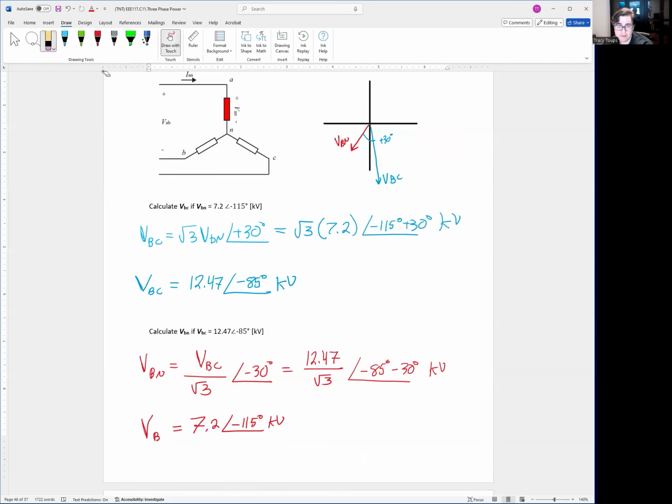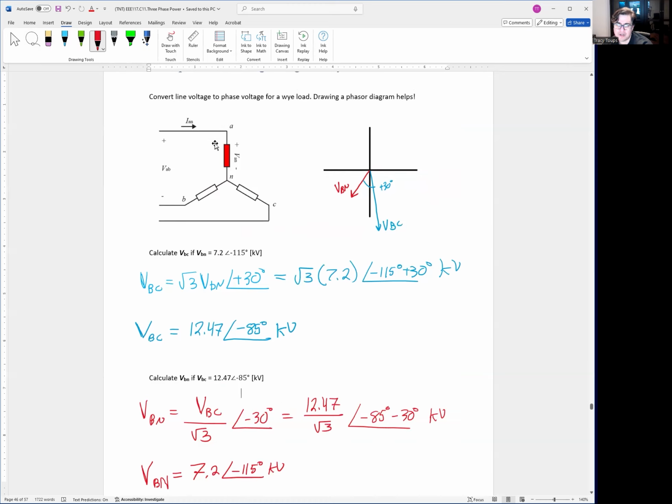You guys get the idea, right? So just to correct on the fly, this is VBN equals 7.2, angle negative 115 degrees, which is what we had initially up here. Okay. Yep. So just to show you, even if you don't have VAN or VAB, you could do it for any other phase as well.